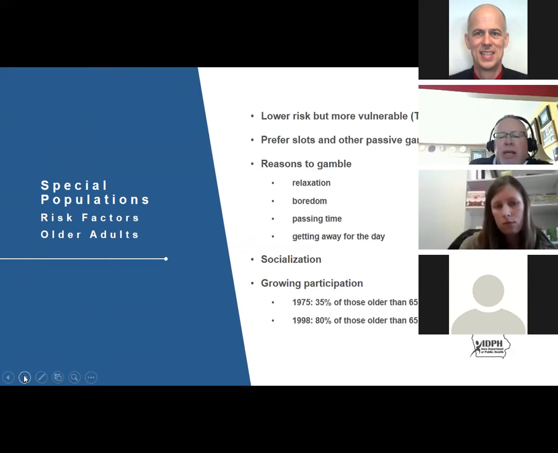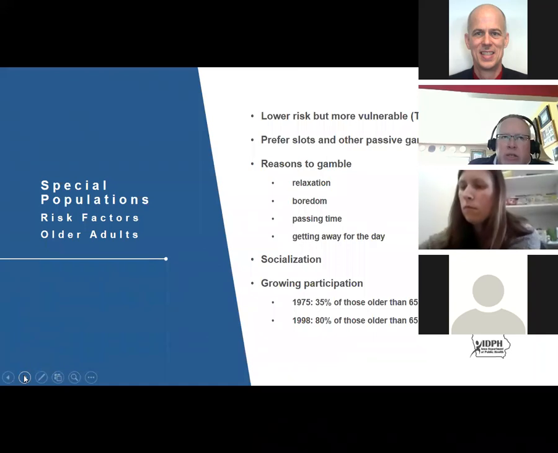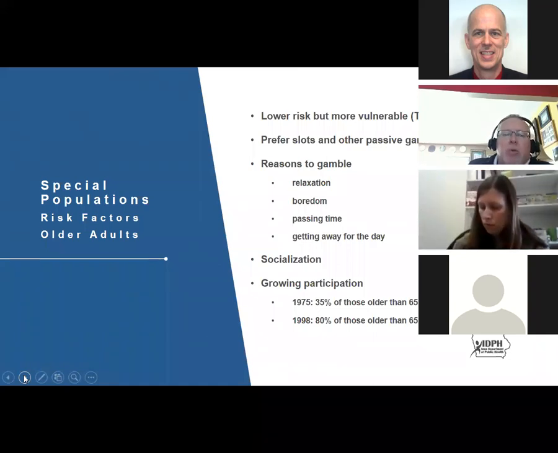In 1998, 80% of those had gambled. That number has gone up and has settled somewhere around 90% at this point, which means that the vast majority of older adults have gambled, and a somewhat regular percentage gamble regularly.